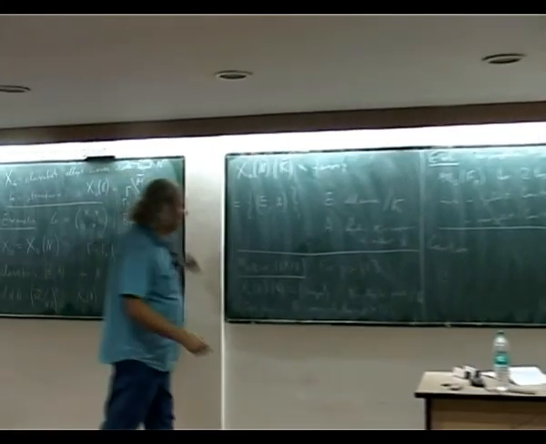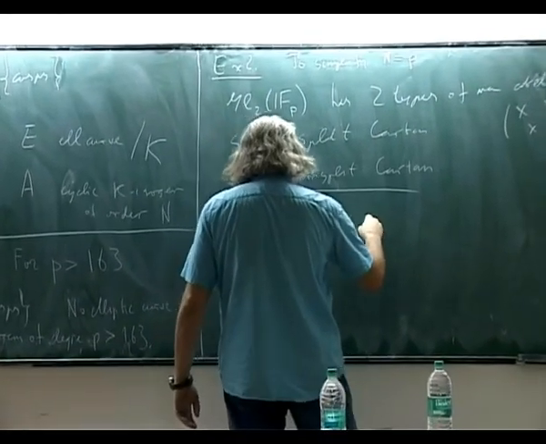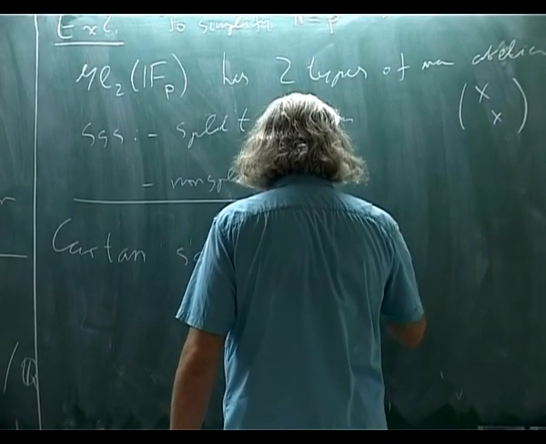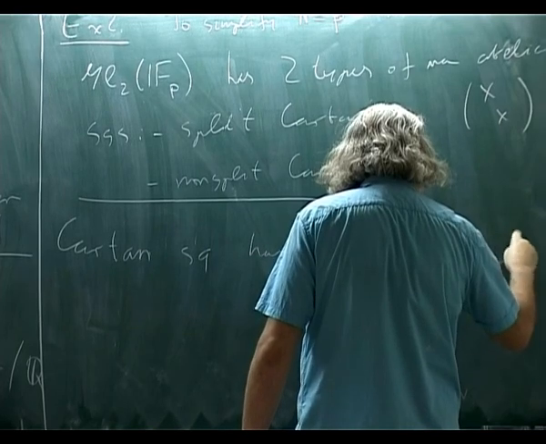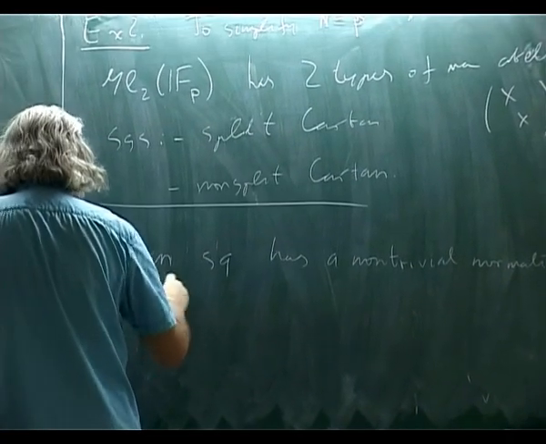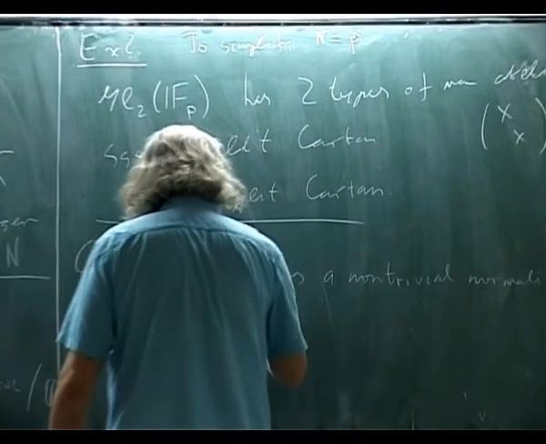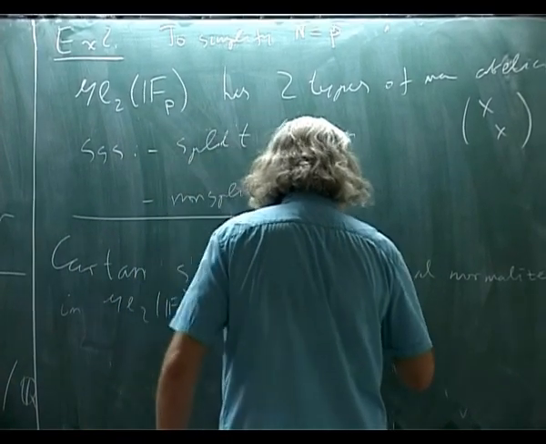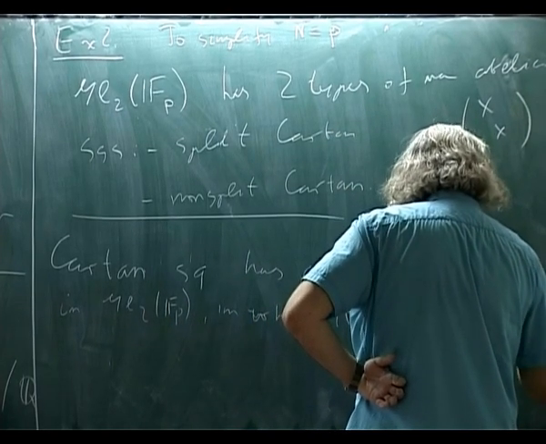So each Cartan subgroup has a non-trivial normalizer in GL2 of Fp, in which it is an index 2 subgroup.